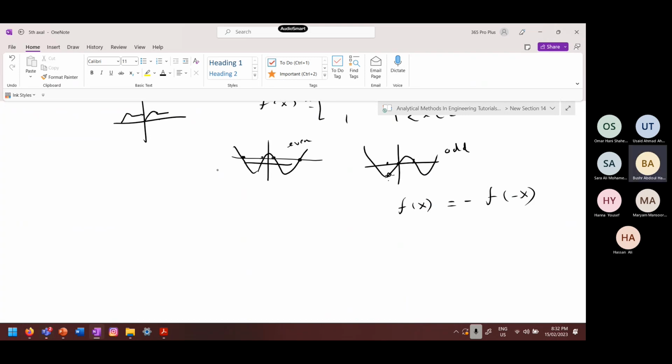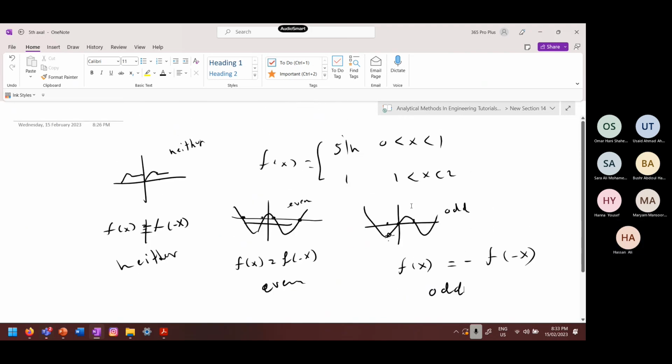Here in an even, f of x is equal to f of negative x. They're the same across. But in neither, f of x is not equal to f of negative x in any form. This is a neither. And this is even, and this is odd. Do you get this?